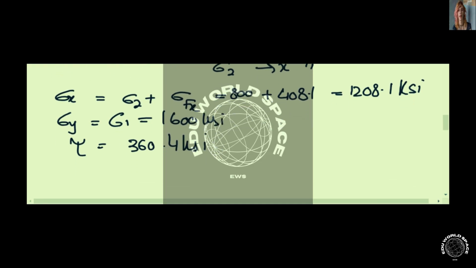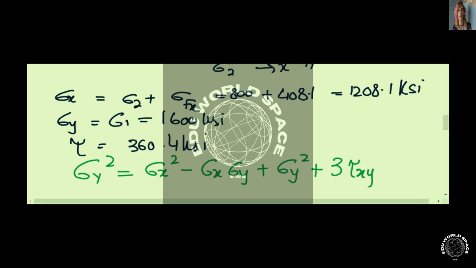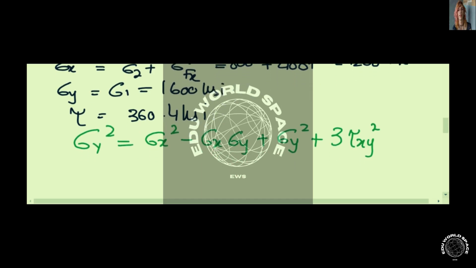Now again, in problem 10.59 we found that the distortion theory can be written in terms of sigma x, sigma y, and tau xy. So we are going to use this equation, sigma sub y squared is equal to sigma sub x squared minus sigma sub x times sigma sub y plus sigma sub y squared plus 3 times tau sub xy squared.